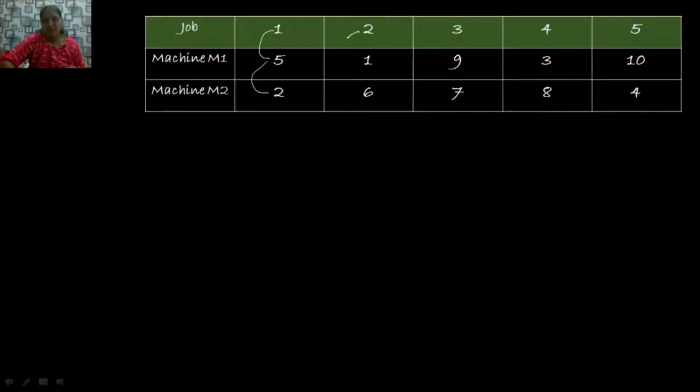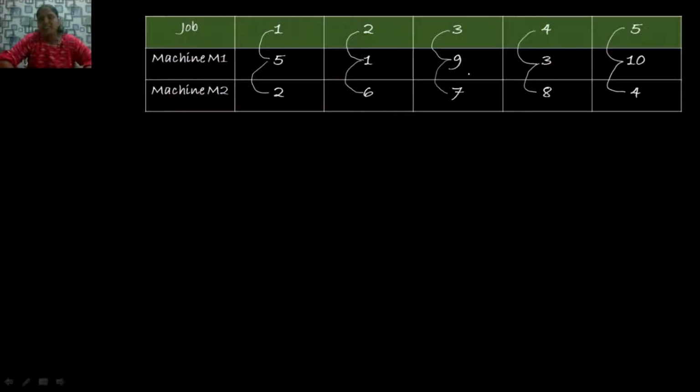The second job needs 1 hour on M1 and 6 hours on M2. The third job needs 9 hours on M1 and 7 hours on M2. The fourth job needs 3 hours on M1 and 8 hours on M2. And the fifth job needs 10 hours on M1 and 4 hours on M2.